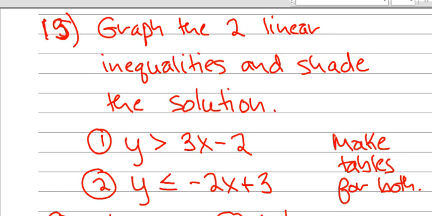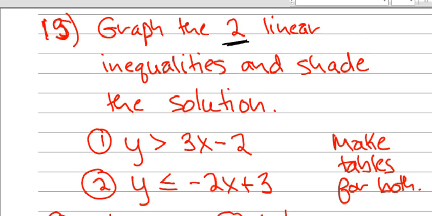So now I'm doing 2. So my first one is y is greater than 3x minus 2. My second linear inequality is y is less than or equal to negative 2x plus 3.